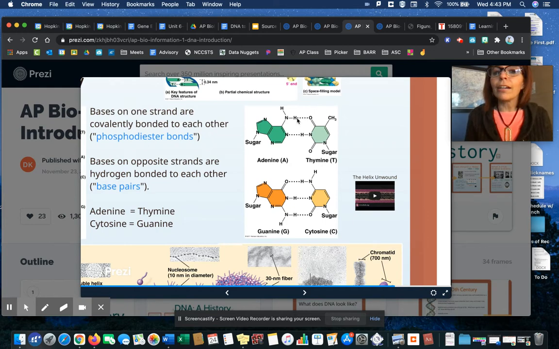Notice that there are hydrogen bonds in between the nitrogen bases. So those are weak, and so the sides of the DNA are easily split when we need to do replication or transcription. But then the backbone of the DNA, let me see if I can scooch up a little bit. It's like everything is frozen.